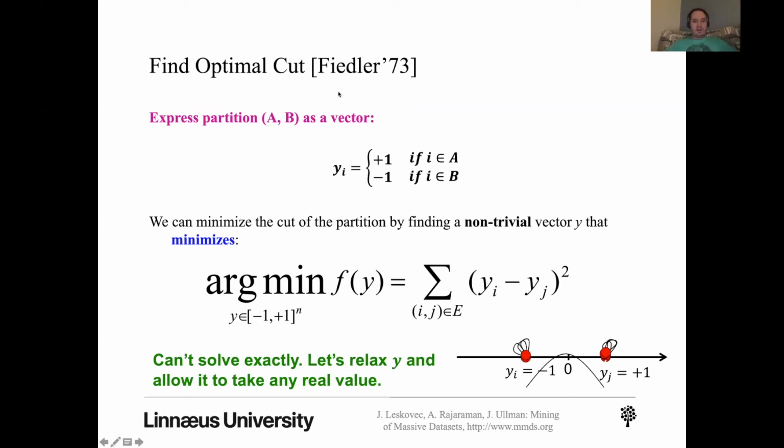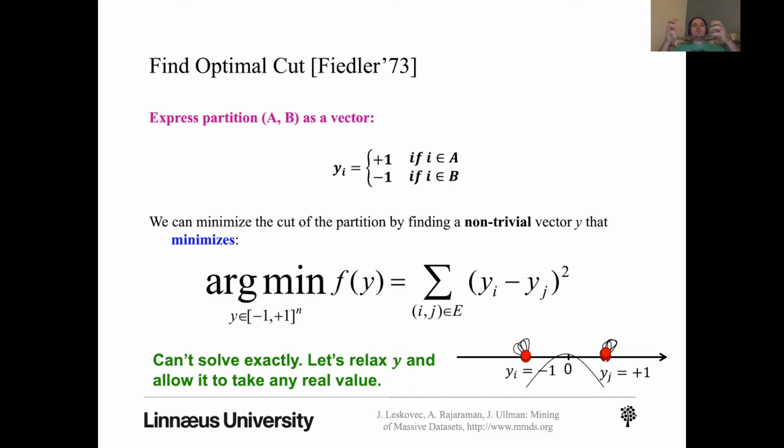So now, how would we find the optimal cut? Well, according to this guy, this is one idea that we could do. We could express the partition between A and B as a vector. So what does it mean? Consider that the problem of partitioning a graph is basically assigning labels to the nodes, right?